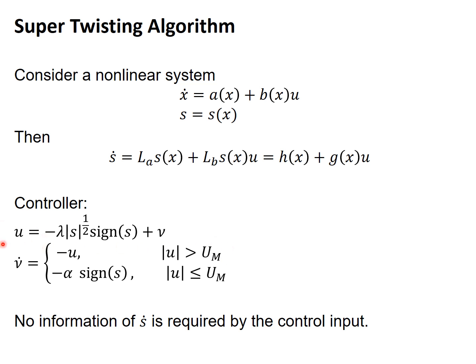This is how we have structured the controller. So we have some bound defined, U_M, and we will see that if we have the controller like this, then the controller will eventually come inside the bound U_M, and when it comes inside the bound, then nu dot will be minus alpha sin s, and then we will prove the convergence.